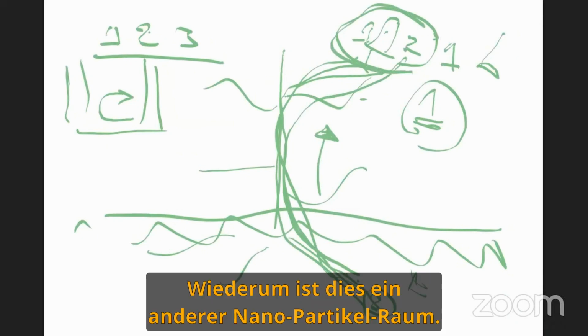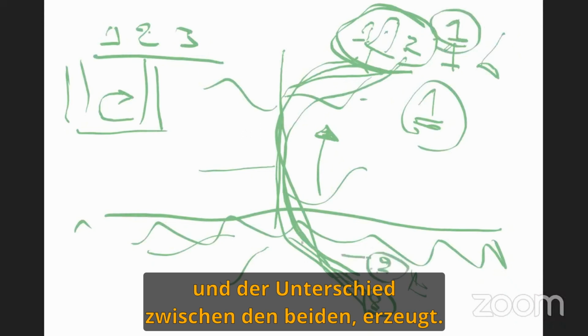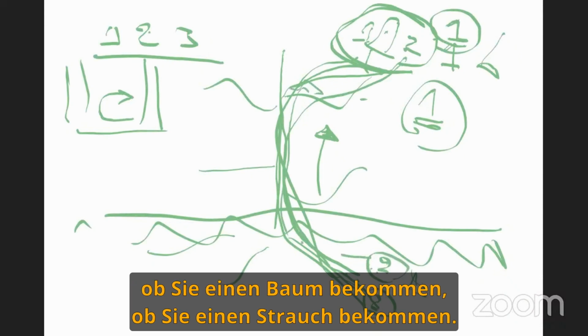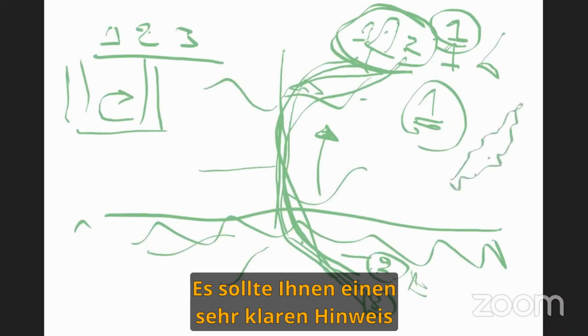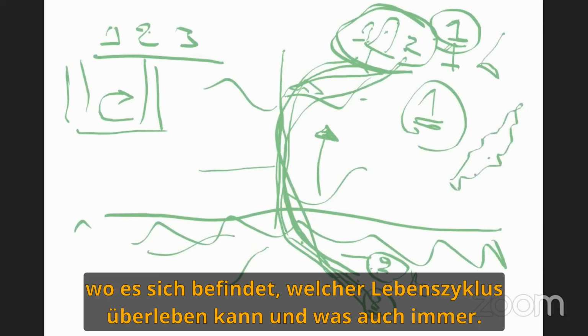Again, this is a different nanoparticle space, and the difference between the two creates this space gap, which dictates if you get a herb, a tree, or a bush. Look at the leaves, the shape of the leaves. It should give you a very clear indication of the position of the life of the planet, where it is, and what life cycle can survive.